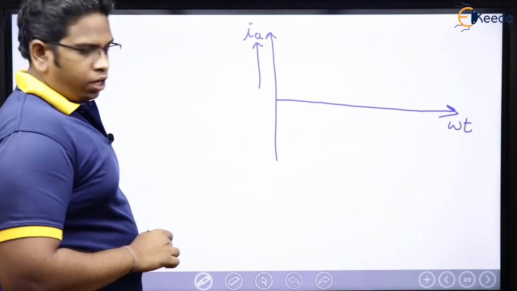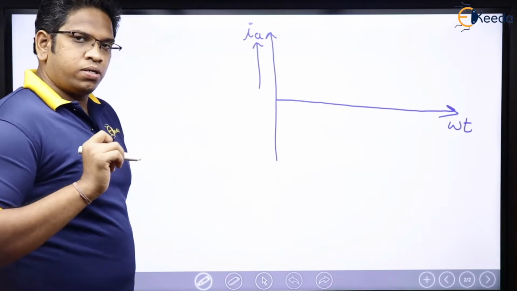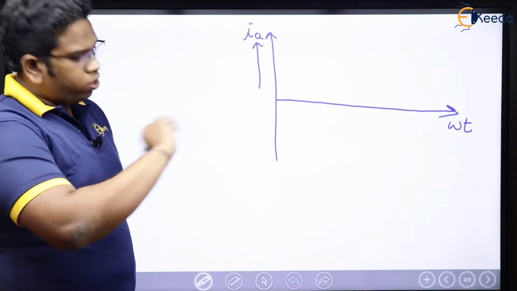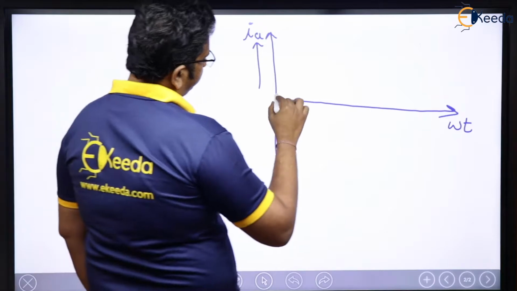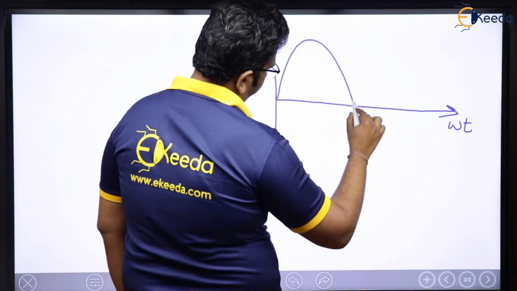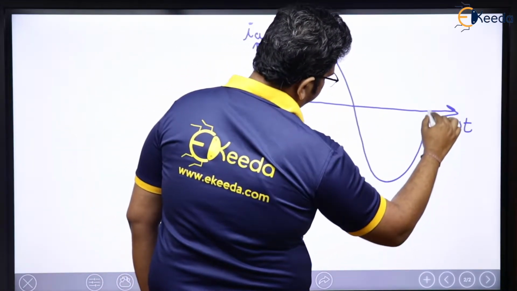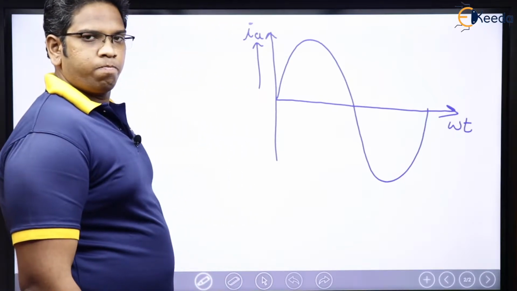Now, let me consider that all the waveforms are going to be sinusoidal. So, let this current be sinusoidal like this. This is going to be IA, right?